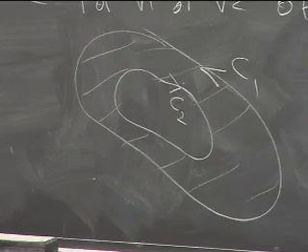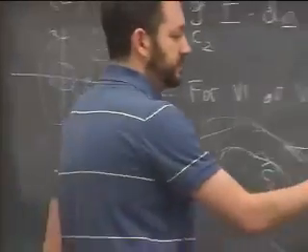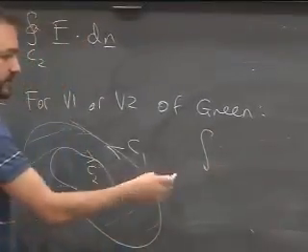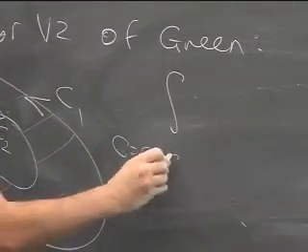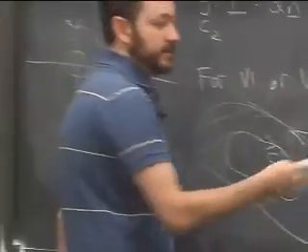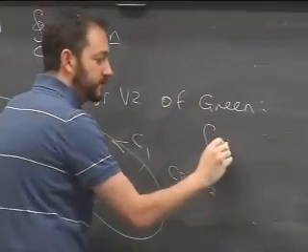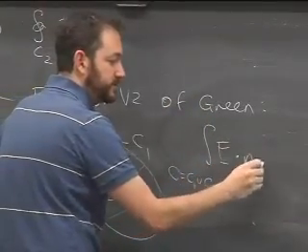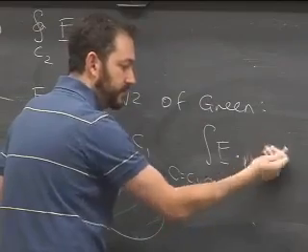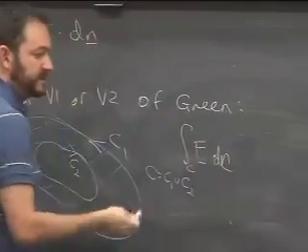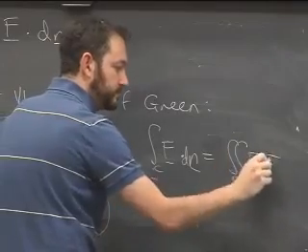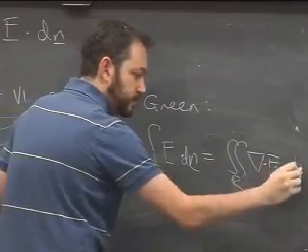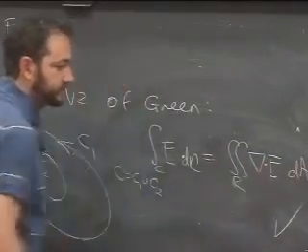So if C is C1 and C2, then either version of Green's theorem, for example, the divergence version, the integral of f dot dn over C, this is still true.